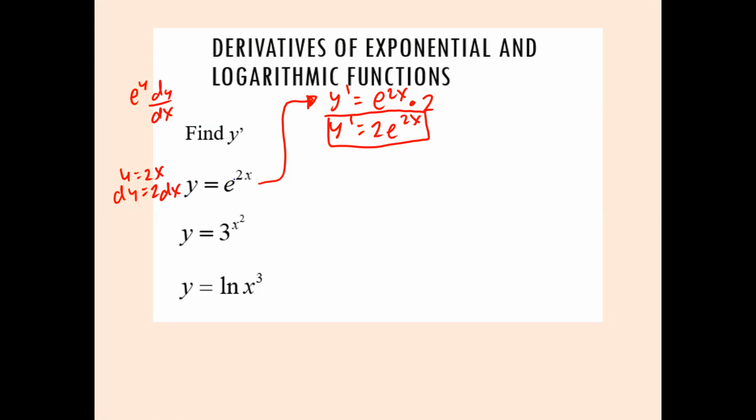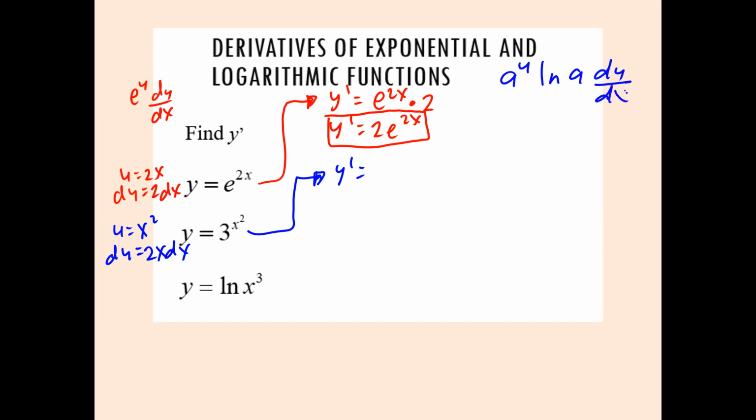Paano dun sa pangalawa? We have y is equal to 3 raised to x squared. Ang u natin dito ay x squared. Ang du natin dito ay, very good, 2x dx. So we have y prime is equal to, okay, so ang gagamitin naman nyo dyan ay yung a raised to u ln a du over dx.